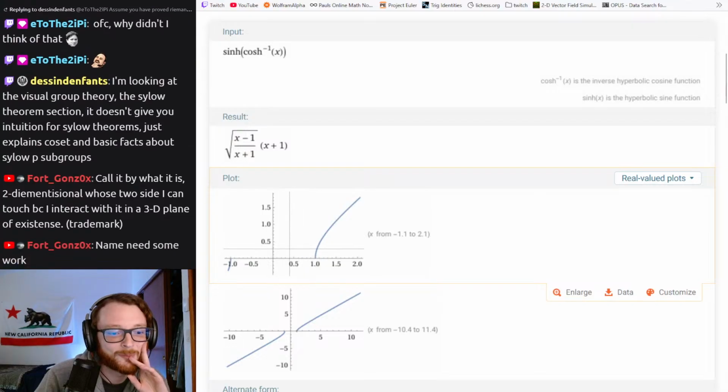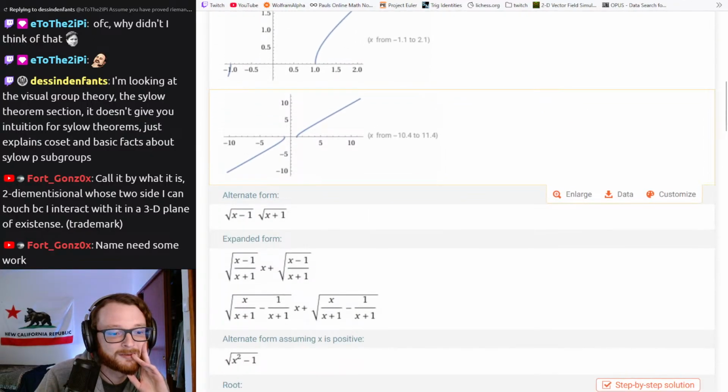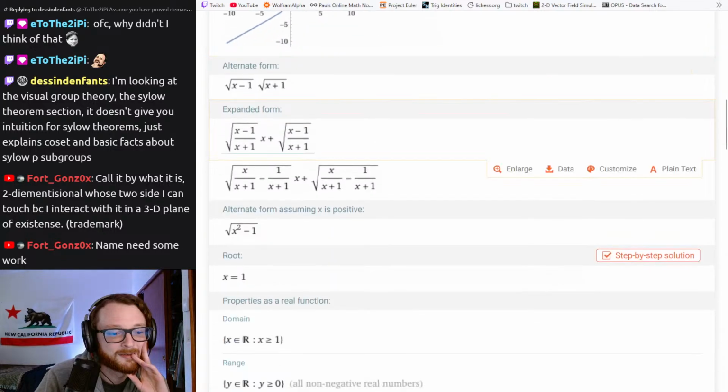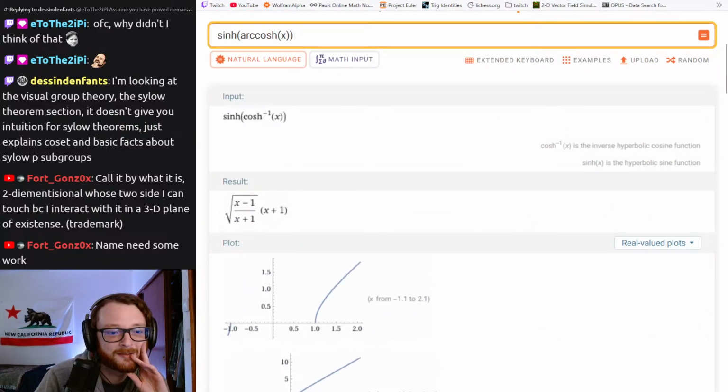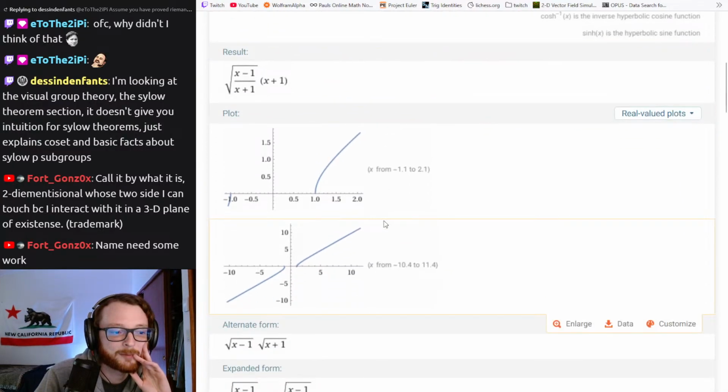This seems like a bit of a domain issue. What about when x is between -1 and 1? Oh, crap.